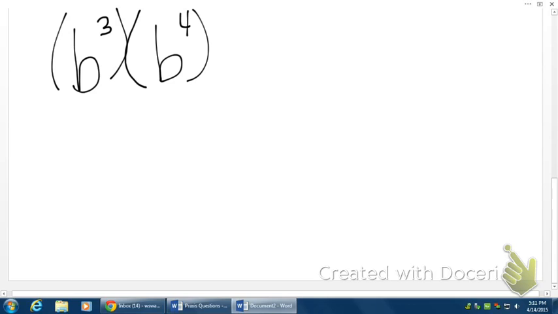When you're multiplying terms like this, b to the third times b to the fourth, just add those exponents. So this really becomes b to the seventh. All I'm doing is adding 3 plus 4.